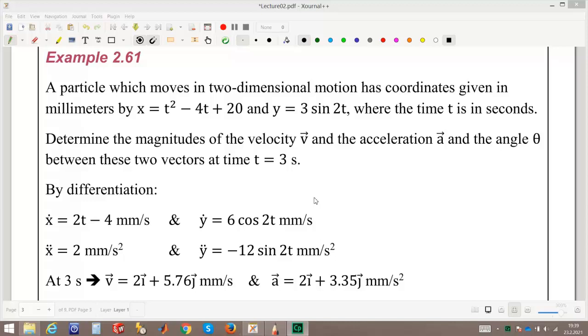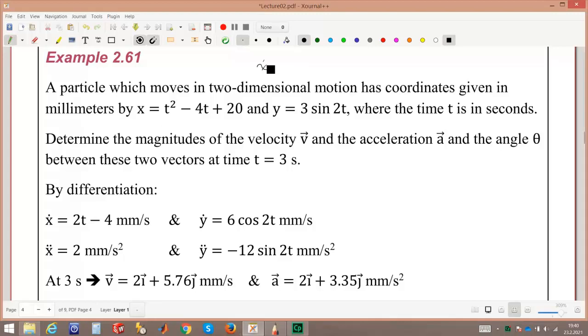And well, what we are asked to do is to find the magnitudes of the velocity v and acceleration. That means we need to calculate x dot and y dot, and then take the squares of them and add them up, and then take the square root, and that would be the magnitude of the velocity vector basically.